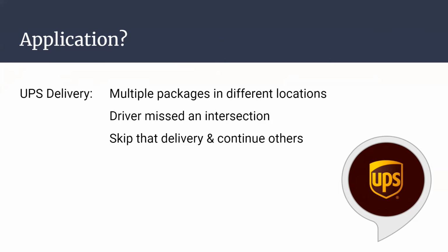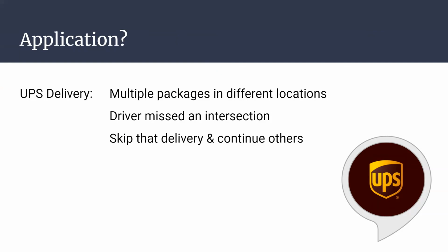If you use UPS frequently, you will know that sometimes the delivery won't come to your address on time. There are many reasons the drivers do that, but one of the reasons is the driver misses an intersection, which is the case we're talking about.